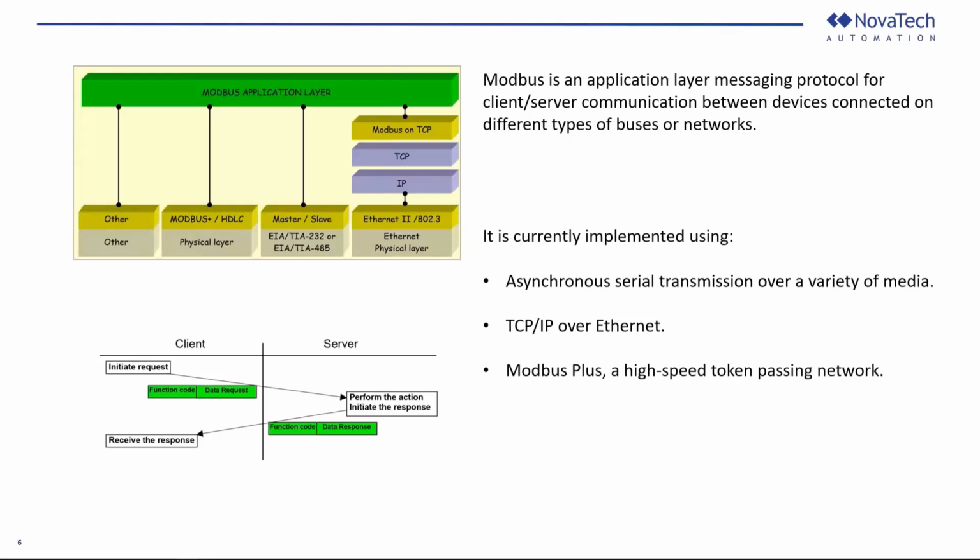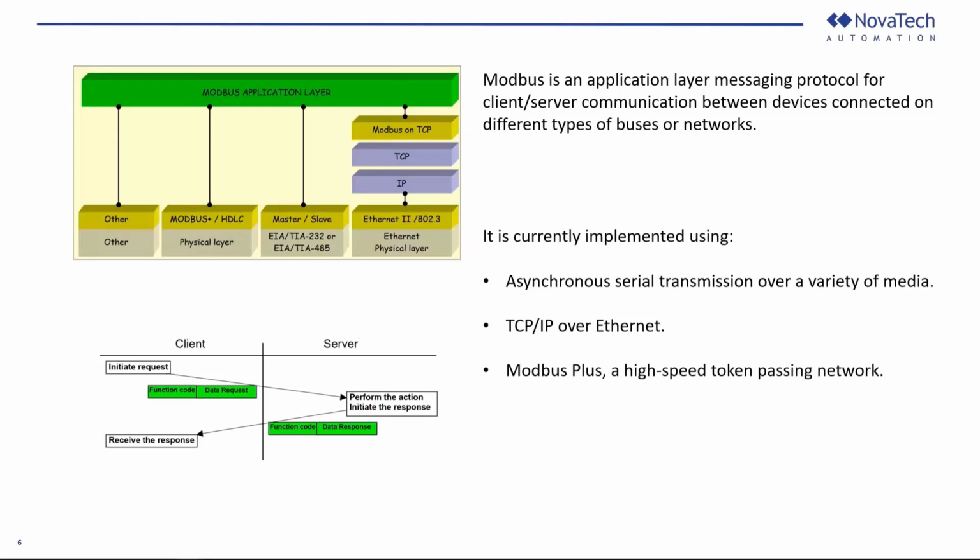Like I mentioned, it's an application layer messaging protocol, and it's a client-server communication. It can be between devices on different types of buses. Say a serial bus could be RS-232 or 485, or TCP/IP.